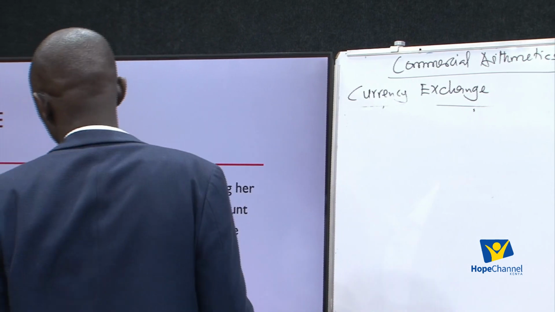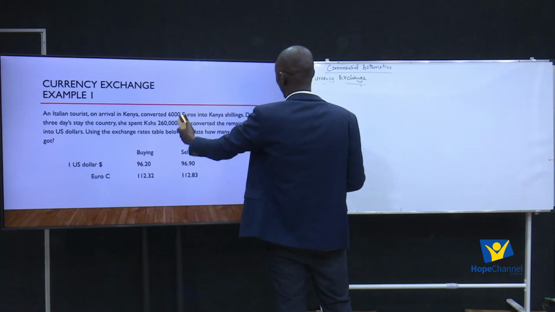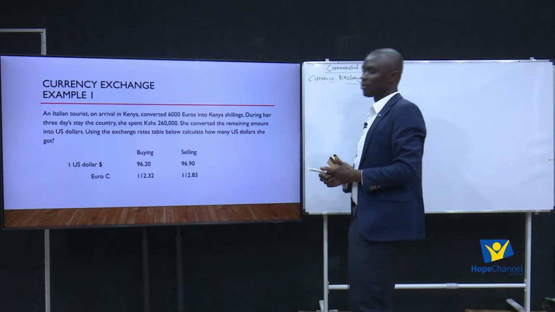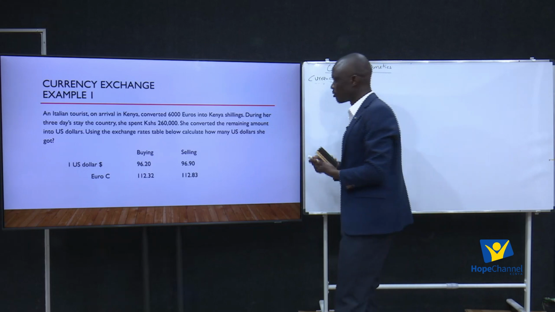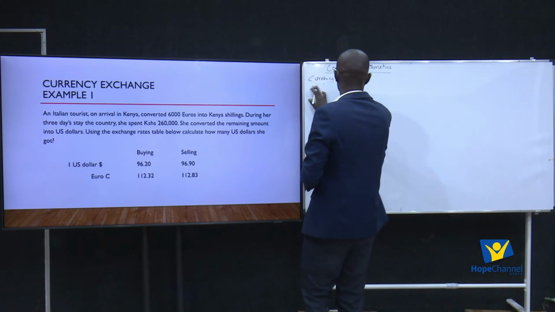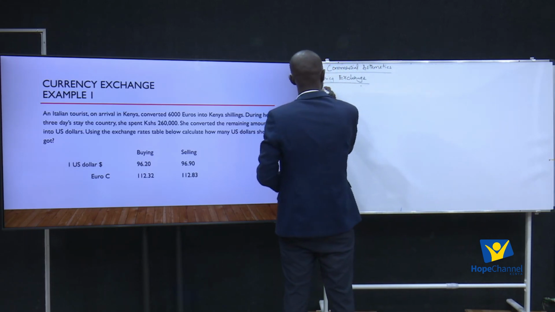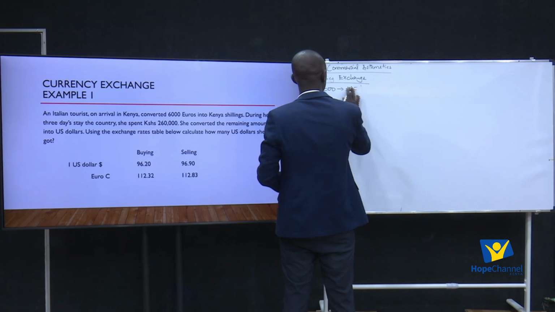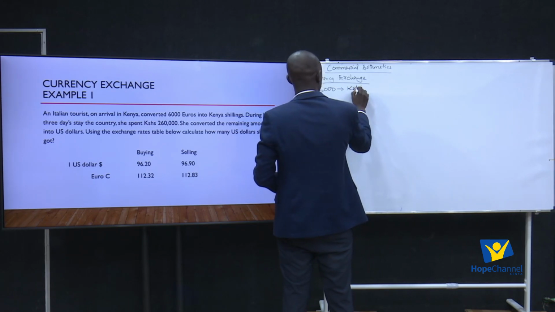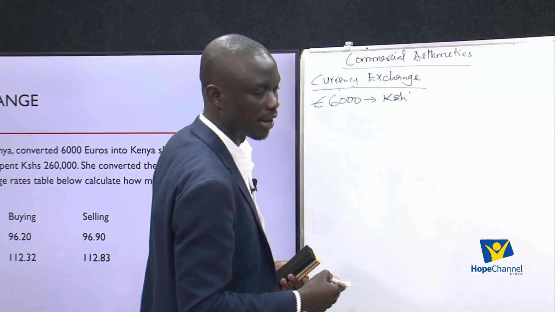An Italian tourist on arrival in Kenya converted 6,000 euros into Kenya shillings. So that's the first thing we have. 6,000 euros is supposed to be converted to Kenya shillings.